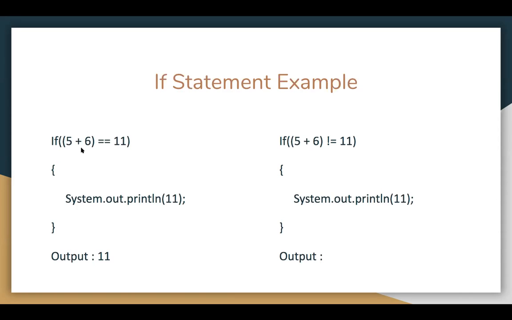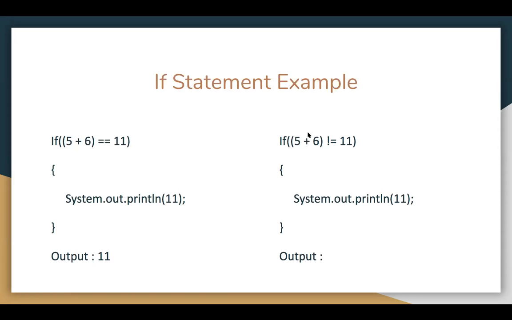Since this statement evaluates to true, we would execute the statements inside the block. If we do a print statement inside the block, since it evaluates to true, it prints out 11. Sorry if that was a little bit wordy, but anyways.